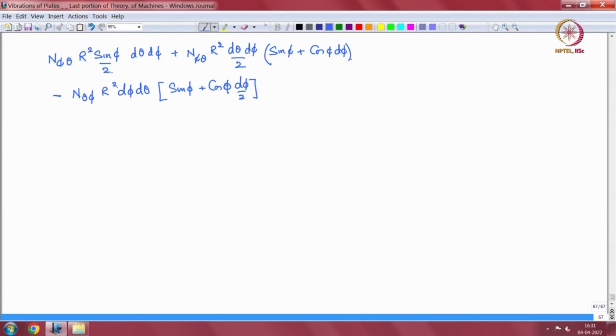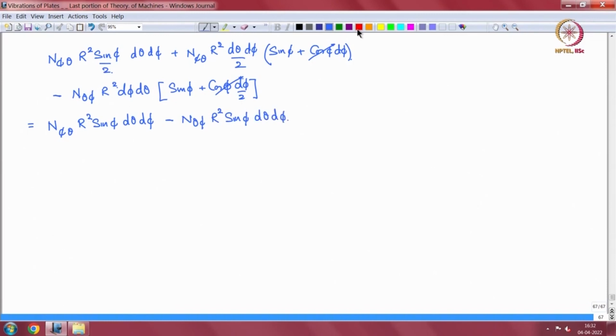Okay. So if we drop the smaller terms, we have n phi theta r square sine phi d theta d phi, and minus n theta phi r square sine phi d theta d phi.